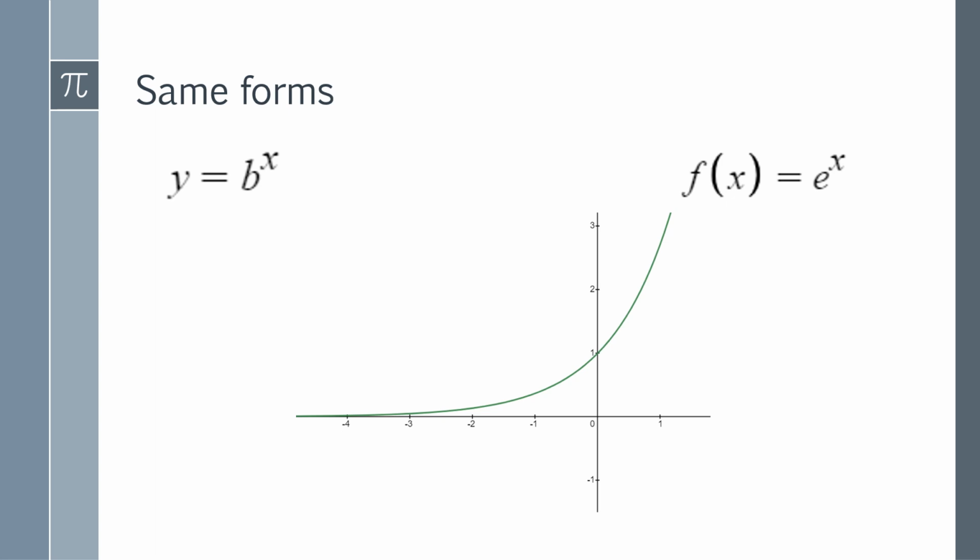However, what we discovered is that e by itself has a number of 2.718. I'm not going to repeat all the long decimals, but we could keep going. But we know that e by itself equals this value, and this is the natural exponent.